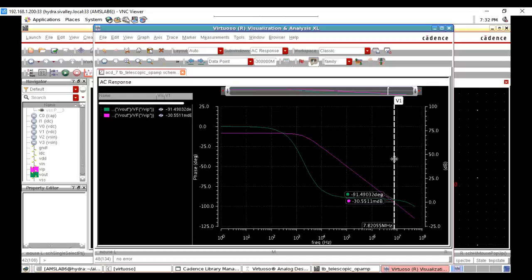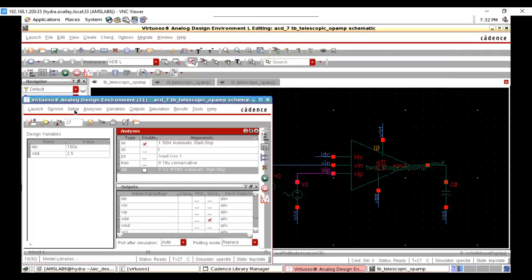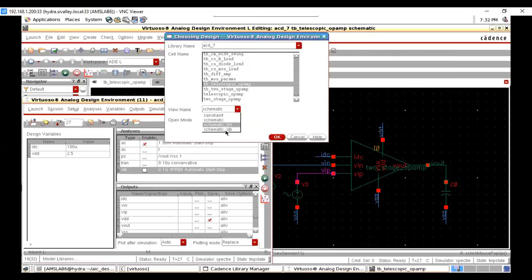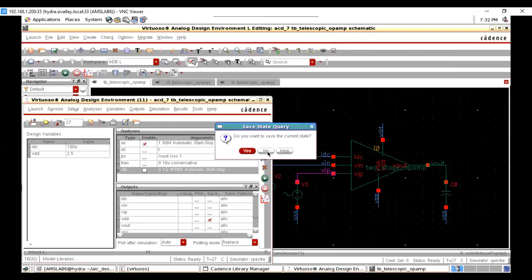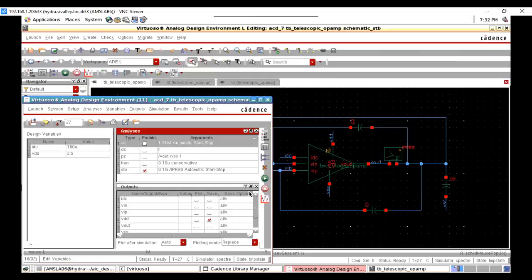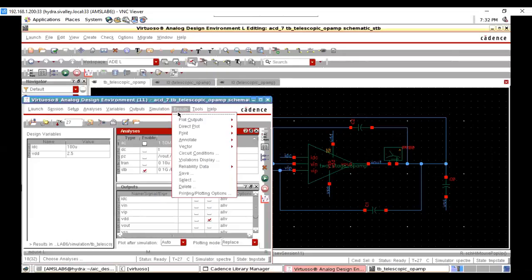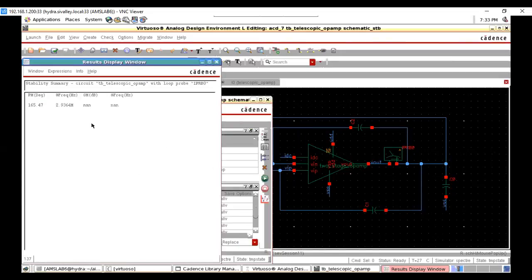Still, it is 88 degrees. So it's coming double there actually, in case of stability, it's coming double. So 2.9.